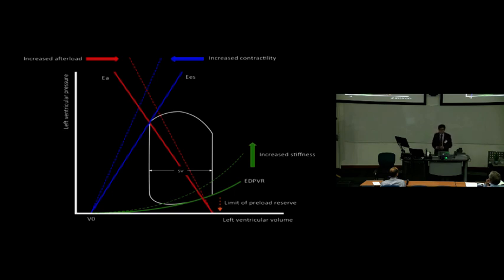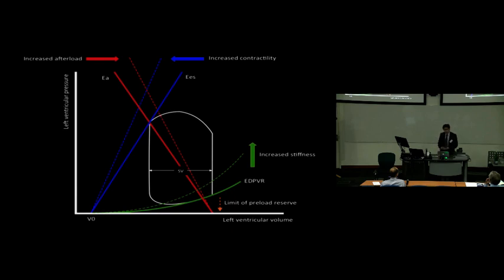And then you have the blue line, which is the end-systolic elastance, which is, crudely speaking, a measure of contractility, generally believed to be relatively load independent, so it's not affected, for example, by loading conditions. The width of the curve is the stroke volume, and you can see how the stroke volume will change depending on your contractility and your afterload, for example.